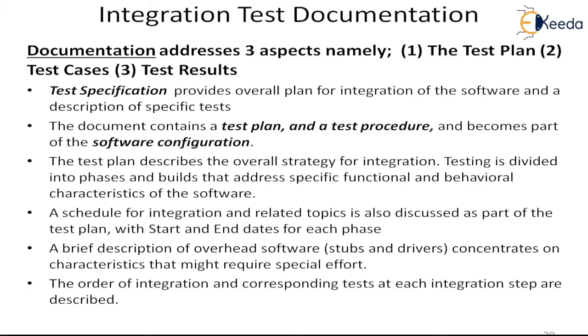So the strategy can also be phase wise. Instead of just incremental, we can create phases in the integration testing based on functional and behavioral characteristics. Instead of just top down or bottom up, it takes functional and behavioral characteristics to create the clusters and do the phase wise integration testing.